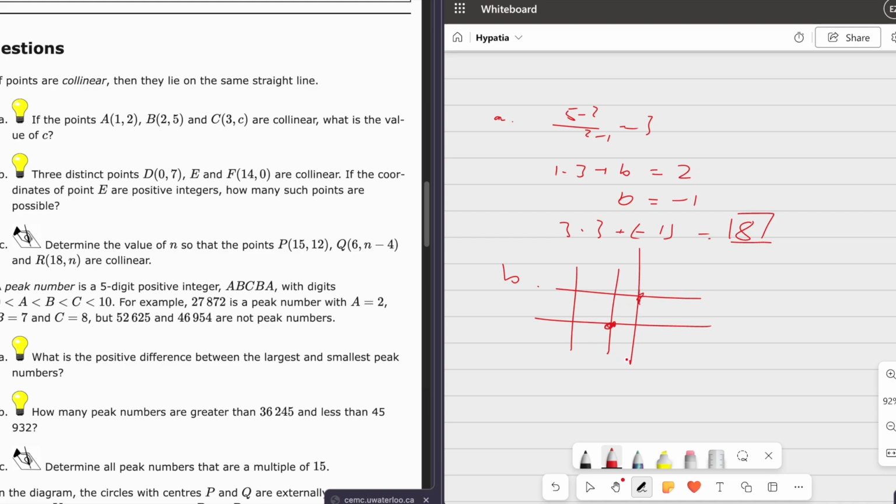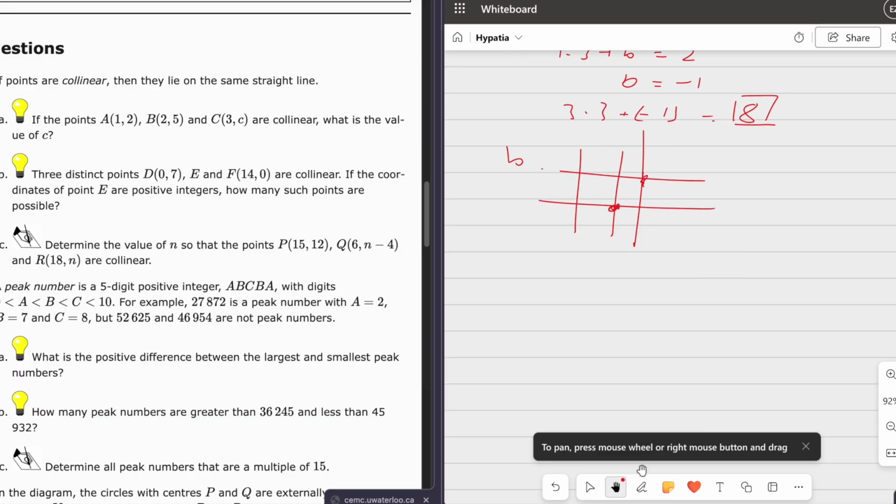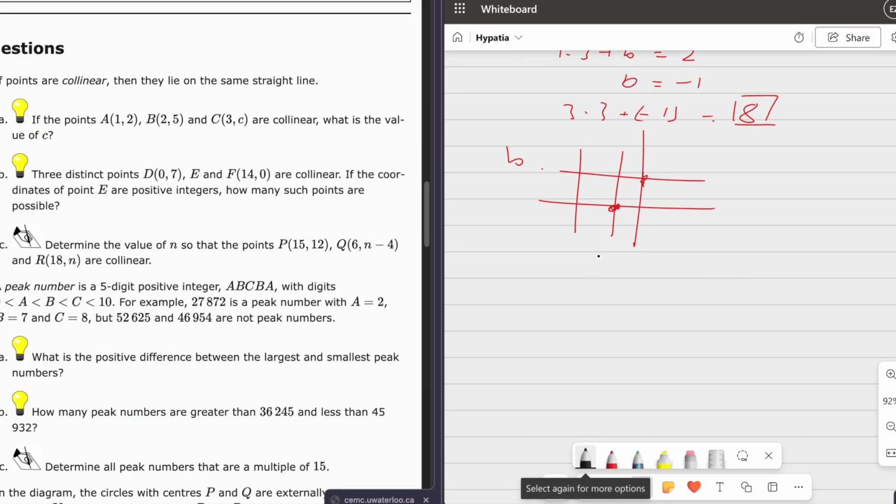So what we do is first of all find the slope of the first one. So we do 7 minus 0 over 0 minus 14 equal minus 1 over 2.